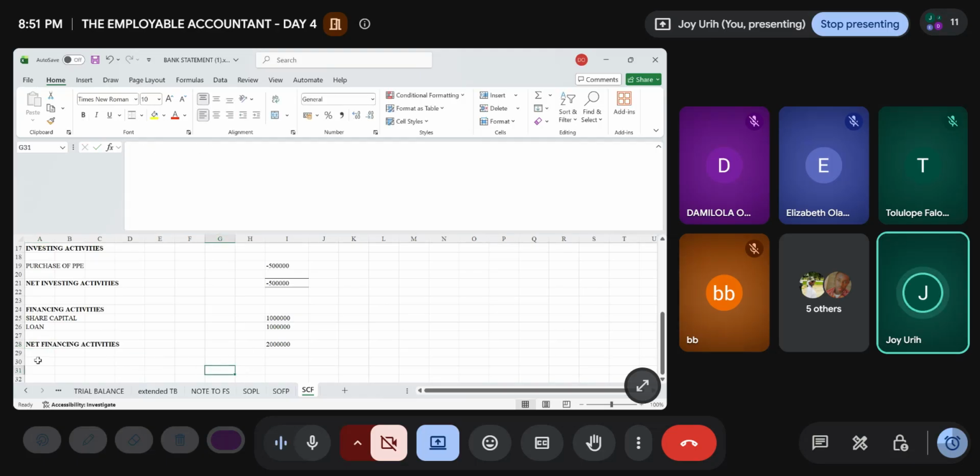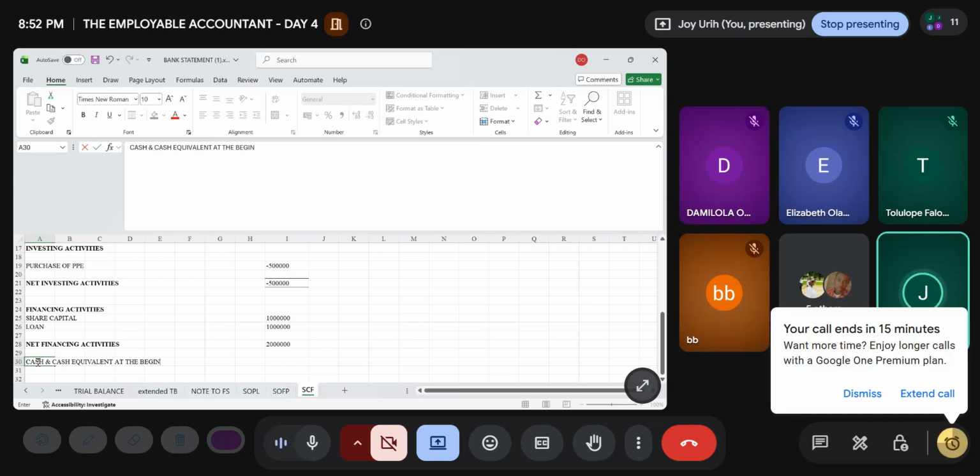So the next thing we want to do is cash and cash equivalents at the beginning. This is a format already. I'm not the one that formulates it. If you are familiar with financial statements, you should know this at the beginning.